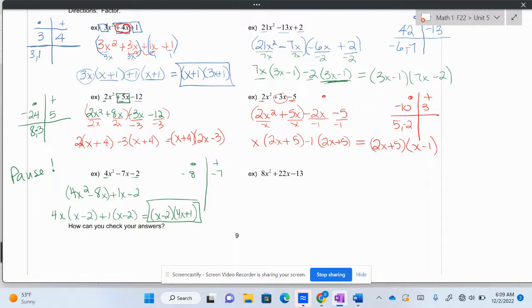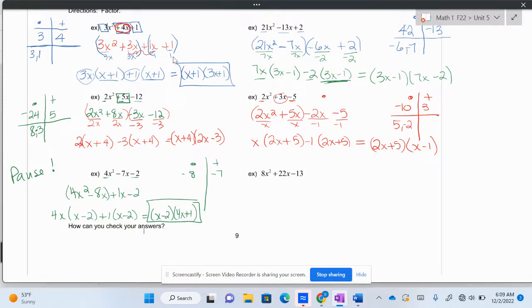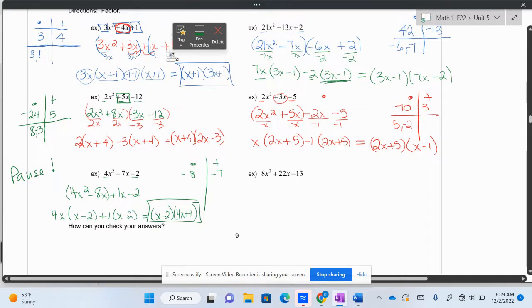So hopefully when you came back, you saw that your answer is the binomial x minus 2 times 4x plus 1. All right, let's look at our next one.